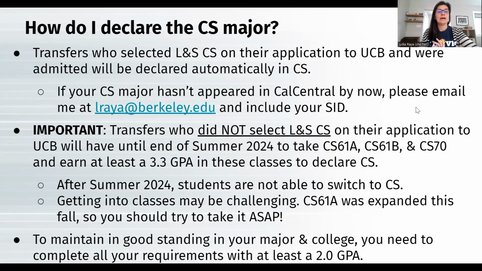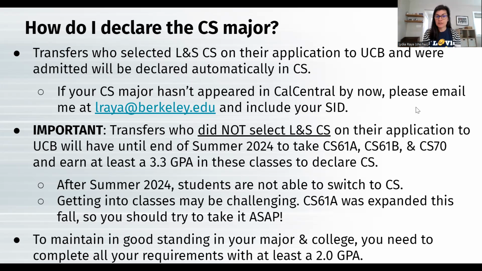Okay, so how do I declare the CS major? As most of you, I believe, know, we are now doing a direct admit policy for transfer students. Before, you would come in as undeclared and then have to meet a certain GPA to declare your major. We're not doing that for at least the next 2 years.